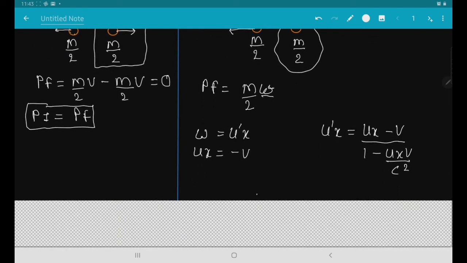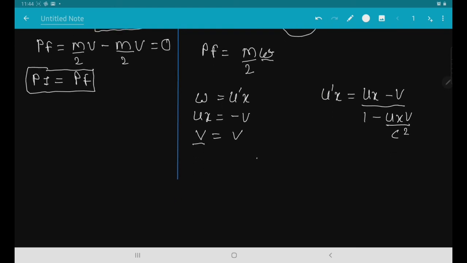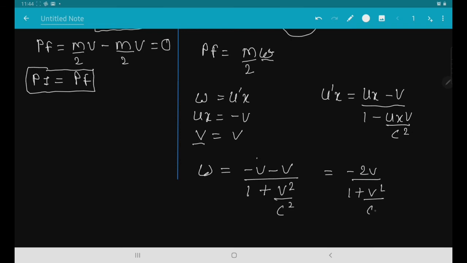V is equal to v only, because this is the velocity of the frame. Let us replace these values. Now, w will be equal to minus 2v divided by 1 plus v square divided by c square.